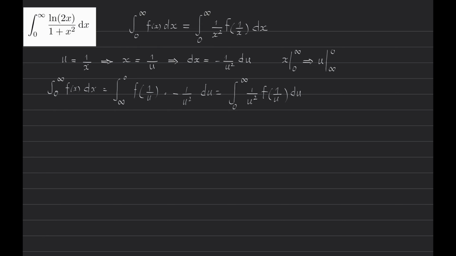So I was able to show that the value of this integral, if it exists, is equal to the value of this integral. But now you know that the variable of integration for a definite integral is a dummy variable. So it doesn't matter if you change the name of the integration variable to another letter.